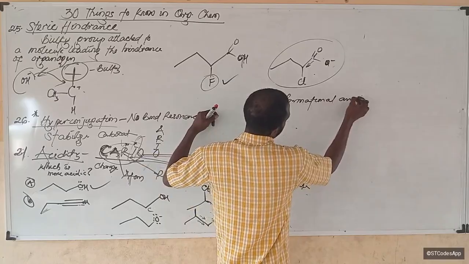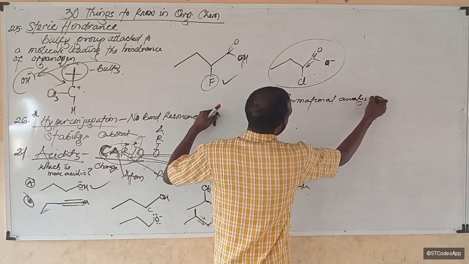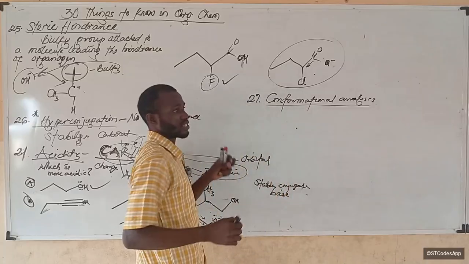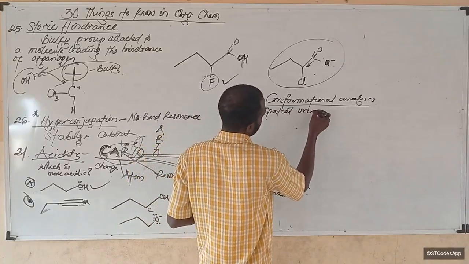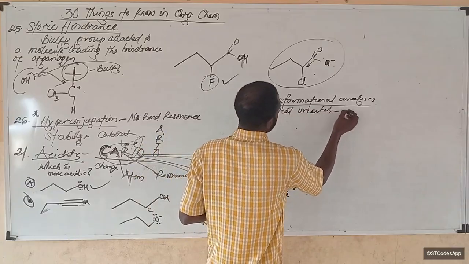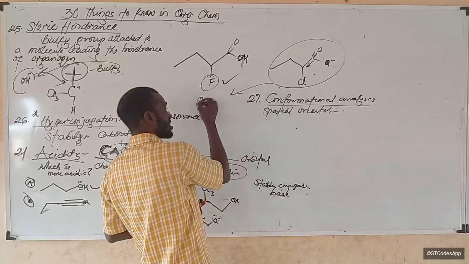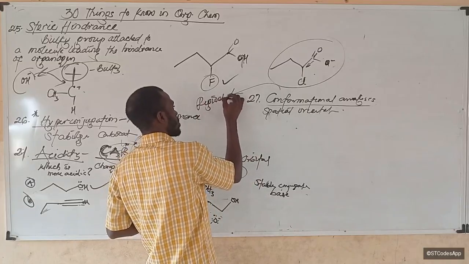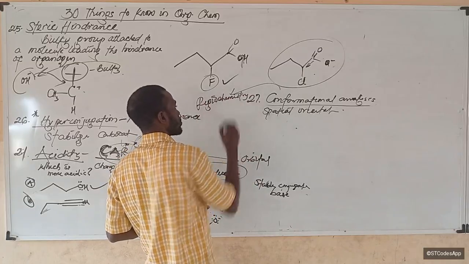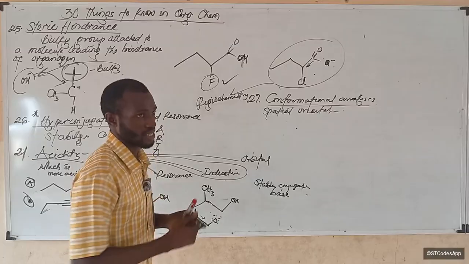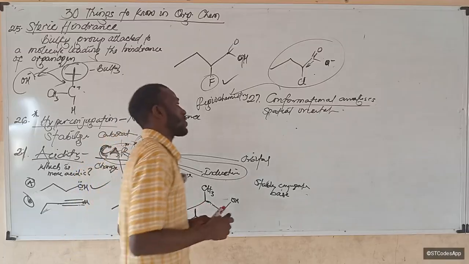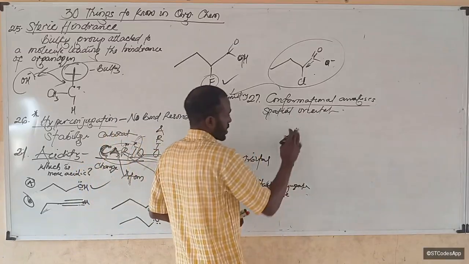Conformational analysis is just talking about the different spatial orientation of atoms. Think of it as though we are studying stereochemistry already, even though there's still something I want to teach you under stereochemistry, where we talk about stereocenters. The spatial orientation is like this.